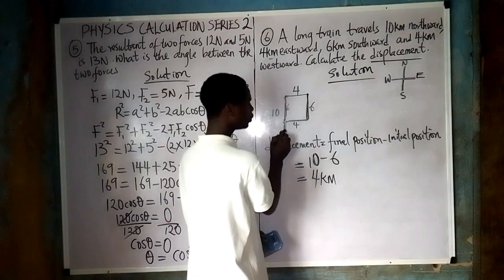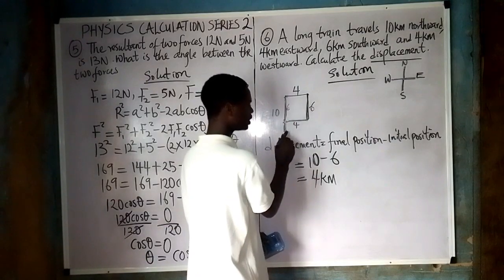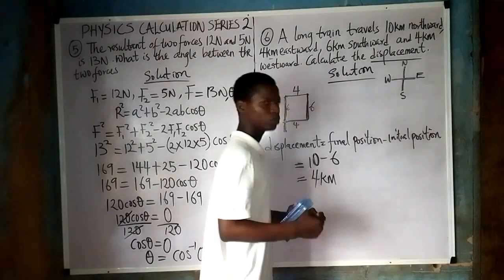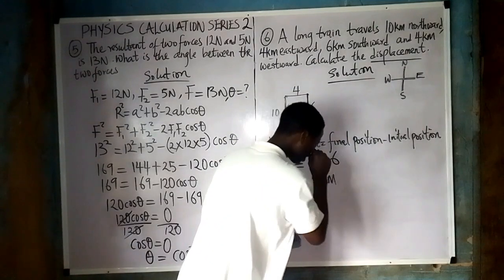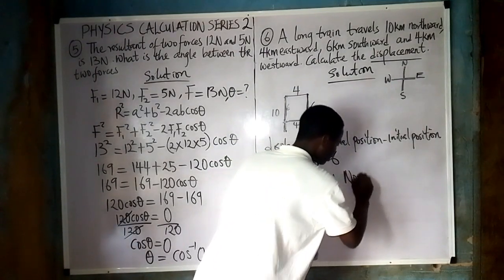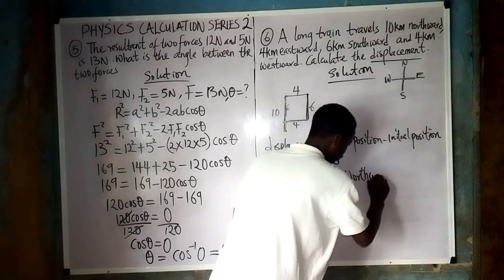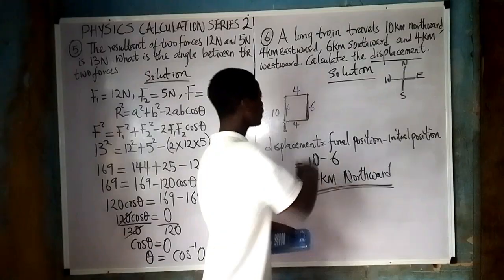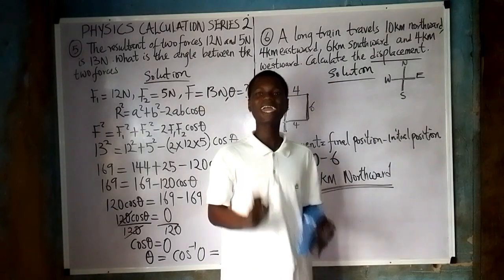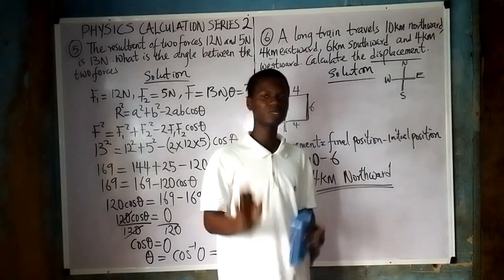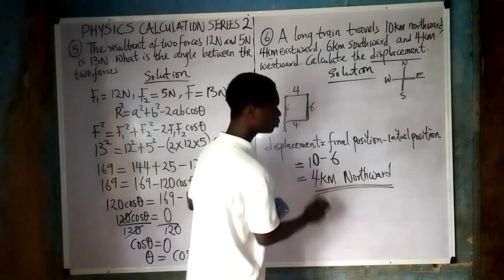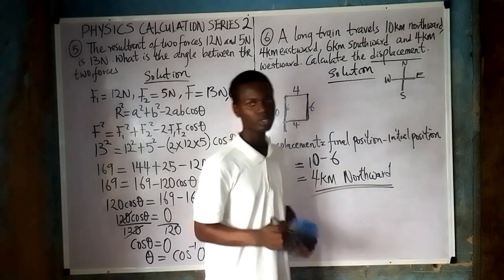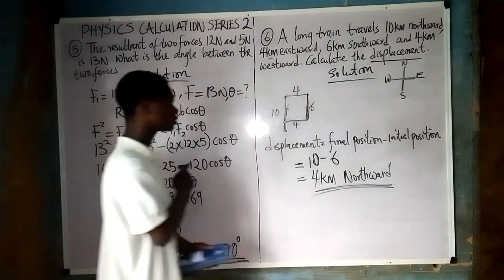From the original position to the final position, the guy is moving what? Upward. Upward is what direction? North direction. So come here and write 4 kilometers northward. 4 kilometers northward. And this is the displacement. So after moving around, the guy ended up covering a displacement of just 4 kilometers in the north direction. So take a look at how all these questions were solved.